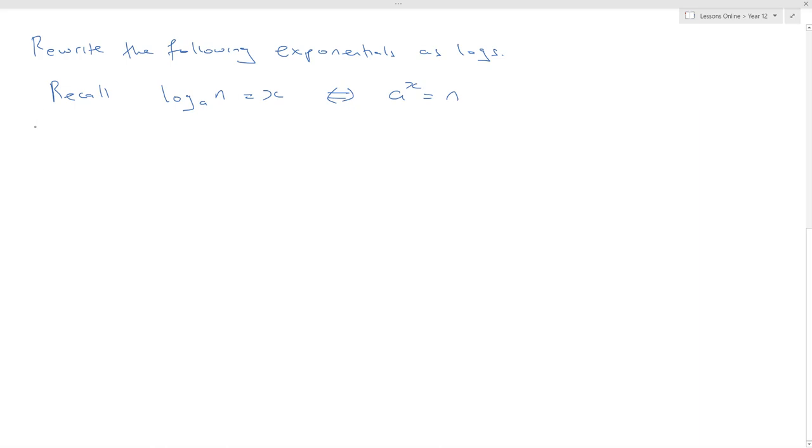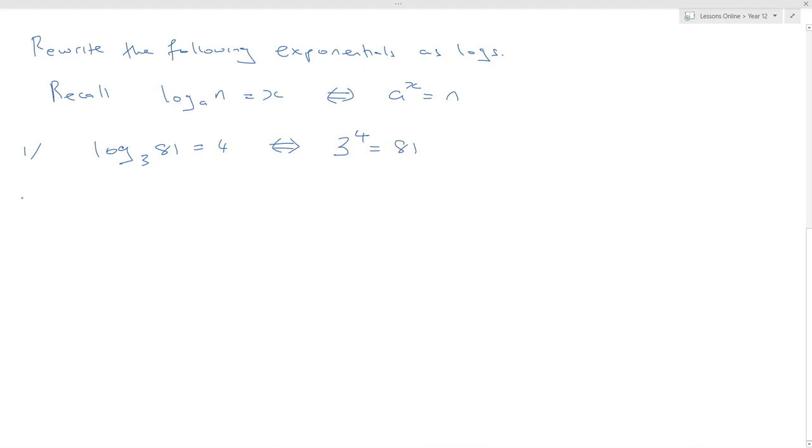So using that, example 1, log to the base 3 of 81 is equal to 4. So equivalently, we could write 3 to the power of 4 is 81.